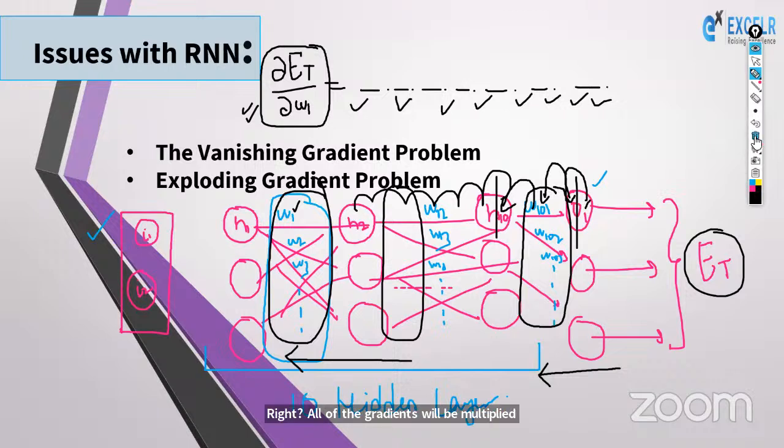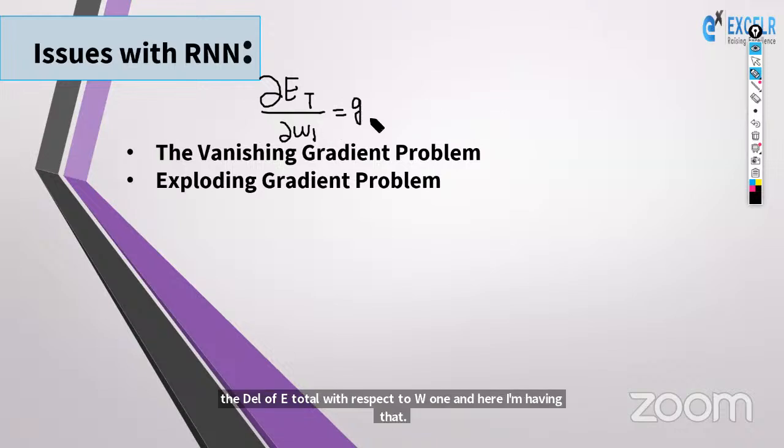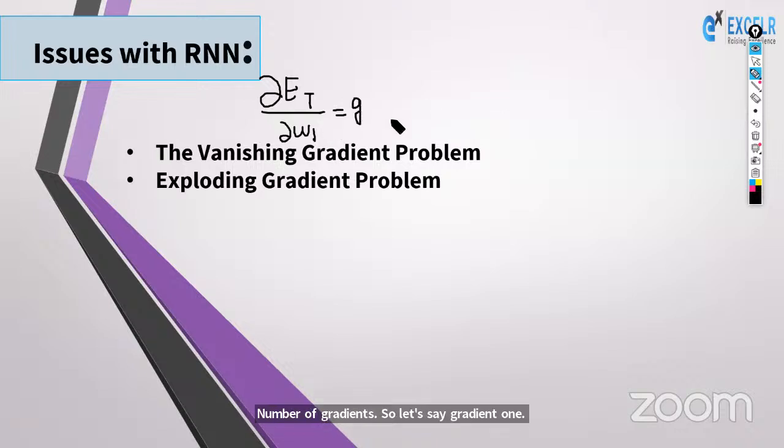So here comes the issue of the vanishing gradient or exploding gradient. Now tell me guys, let's suppose I am calculating del of E total with respect to W1. And here I have a number of gradients. So let's say gradient 1 multiplied by gradient 2 multiplied by gradient 3 and so on. Let's say we have n number of gradients.